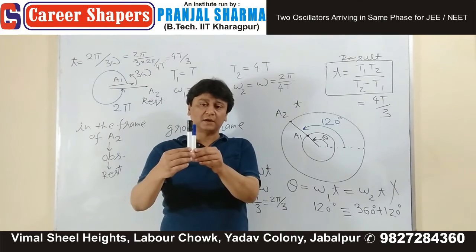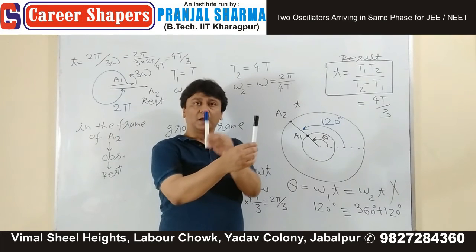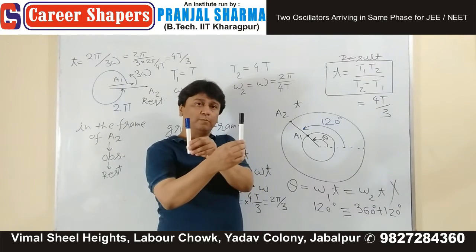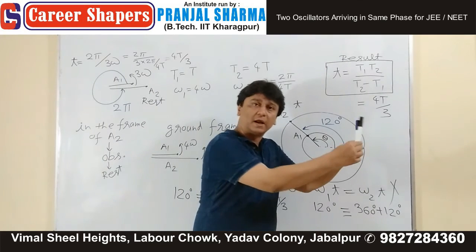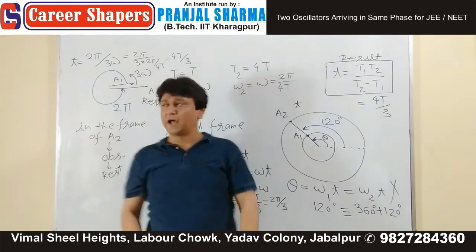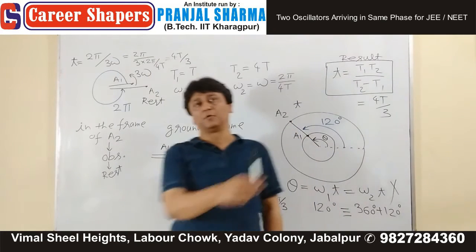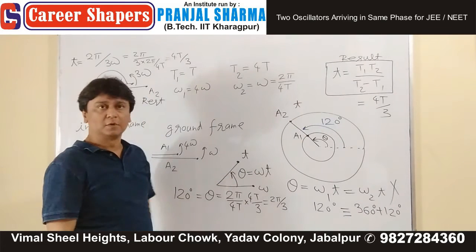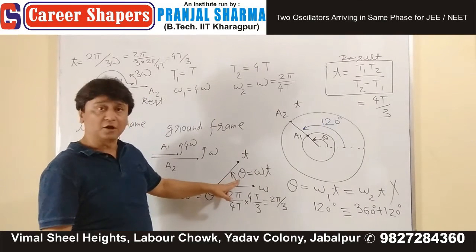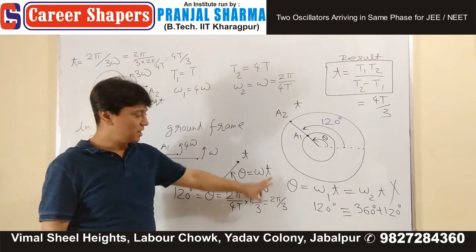So if the black one initially has some speed and the blue one starts, after some time it is going to overtake. So you can find time with the help of relative motion. But if I ask you what is the distance covered by these things, what is distance? Distance is speed into time. So right here we are interested in angular distance or angular displacement, which is angular velocity multiplied by time.